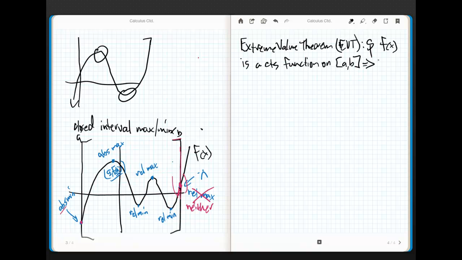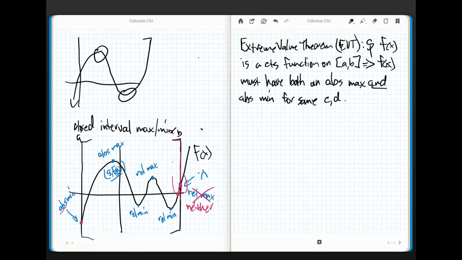Okay, this implies that f of x must have both an abs max and an abs min for some, let's call it, I already used A and B, for some C and D, which are elements of the closed interval from A to B.